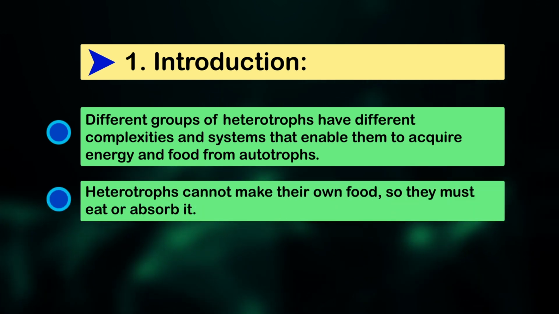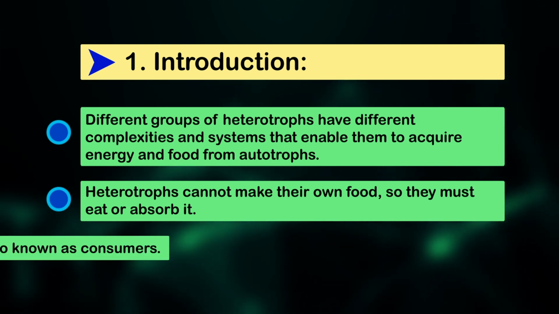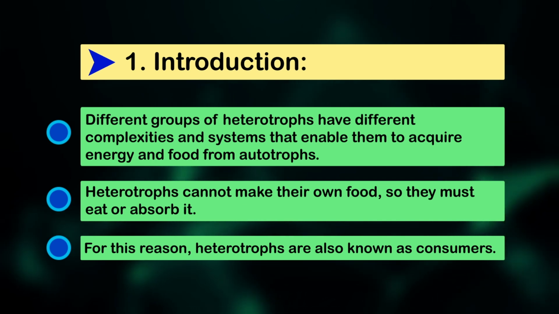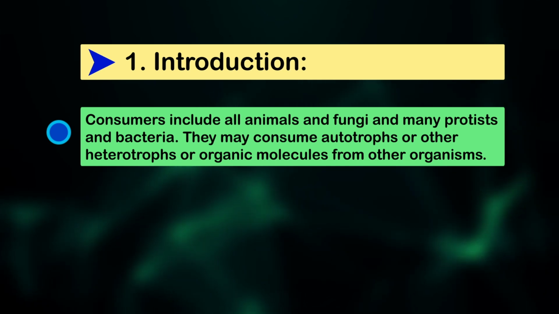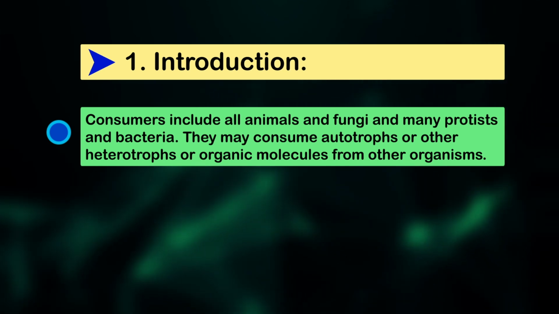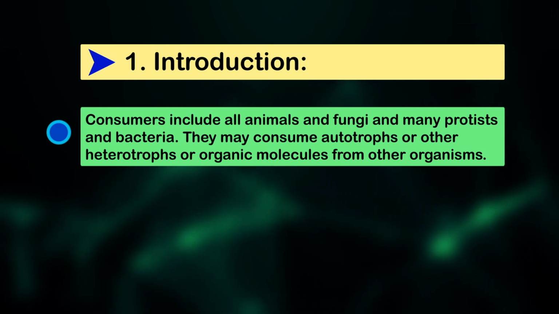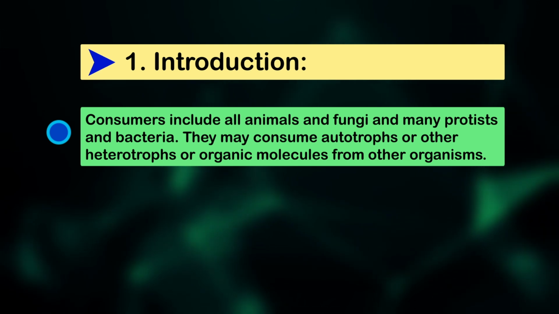Heterotrophs cannot make their own food, so they must eat it or absorb it. For this reason, heterotrophs are also known as consumers. Consumers include all the animals and fungi and many other protists and bacteria. They may consume autotrophs or other heterotrophs or organic molecules from other organisms.